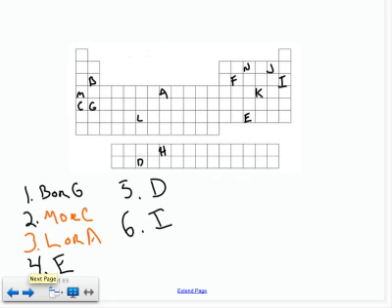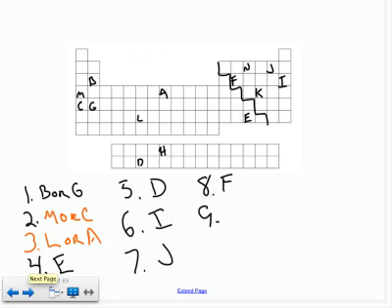This element has the highest electronegativity of all elements. That's number 7. The highest electronegativity of all the elements is fluorine, which in this case is J. This element is a metalloid. That's question number 8. And remember that the metalloids go down following this zigzag line. So the only element that's on that line in this case is element F, which would be silicon.